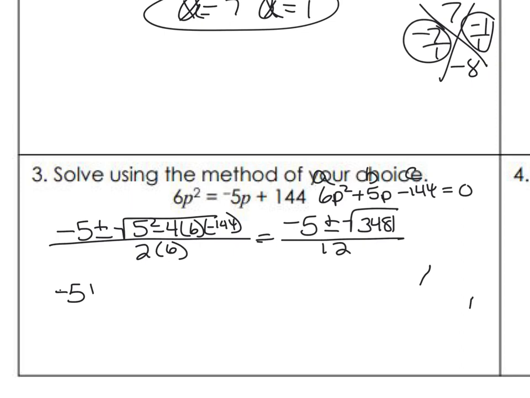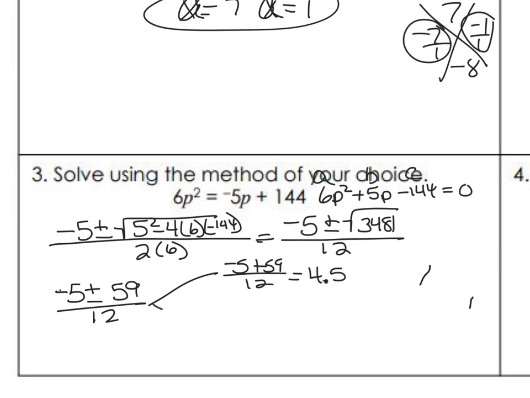So square root of 3,481 is 59. So negative 5 plus 59. So 54 divided by 12 is 9 over 2, or 4.5. And then negative 5 minus 59 is 64 divided by 12, which is negative 5.33.